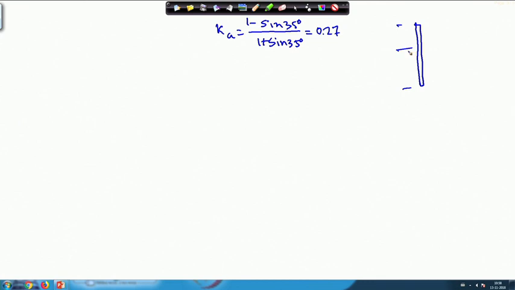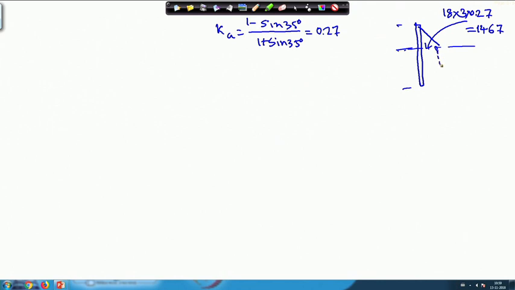Now, if I find out the earth pressure from 0 to 3 meter, this value will be gamma times depth times Ka, that means 18 multiplied by 3 multiplied by 0.27. If I calculate, it comes to 14.67.